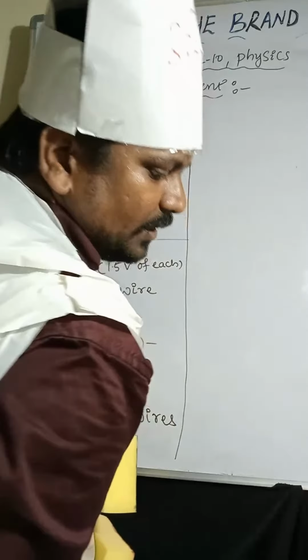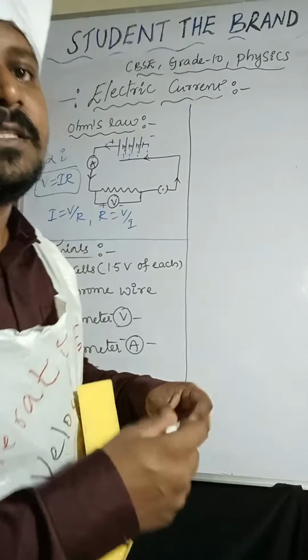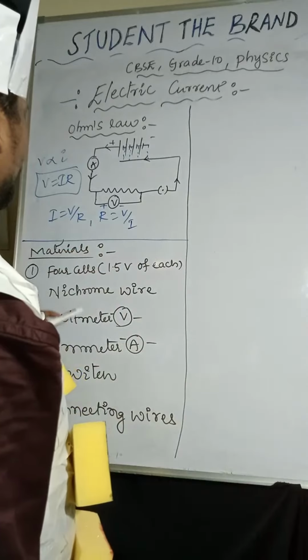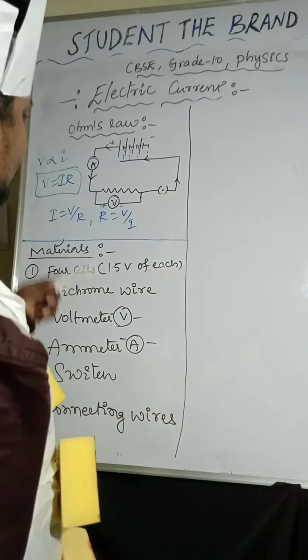So what are the materials required? 1.5 volt cells, nichrome wire, voltmeter, ammeter, switch, and connecting wires.